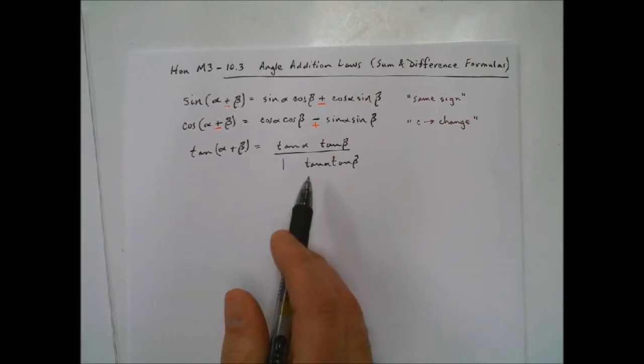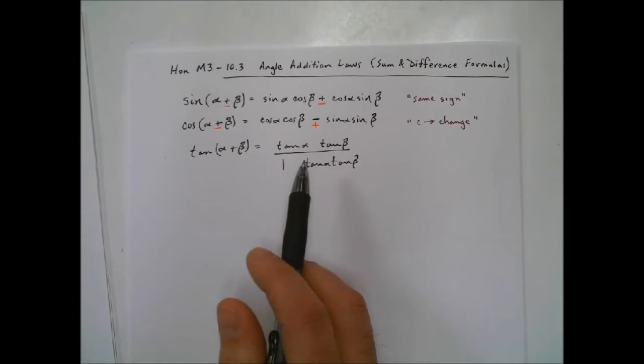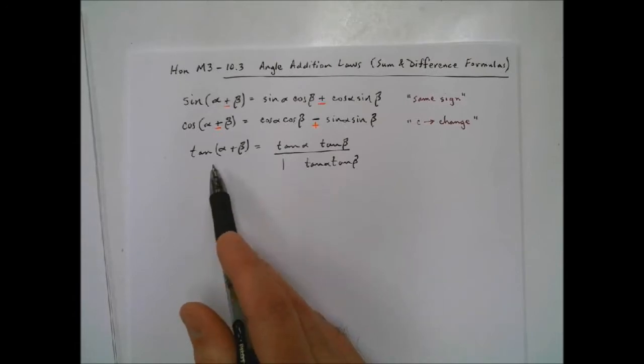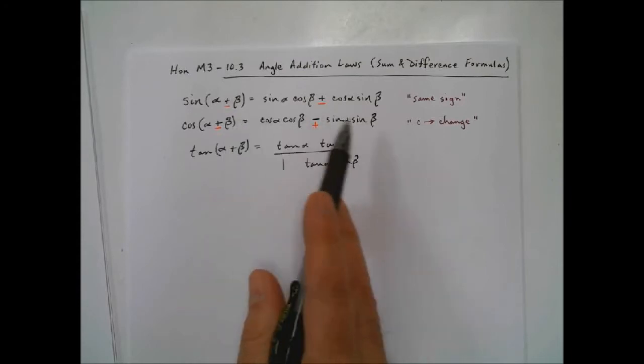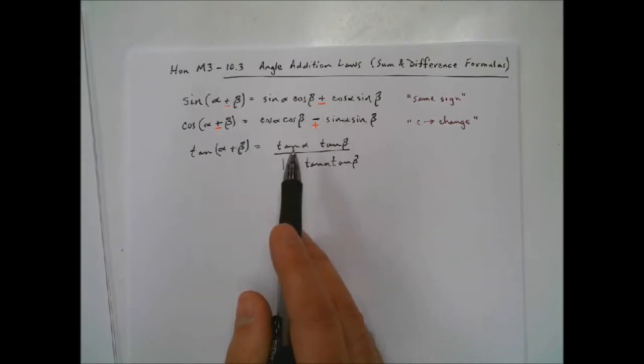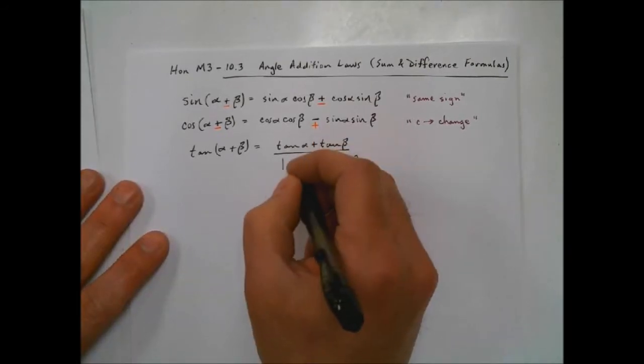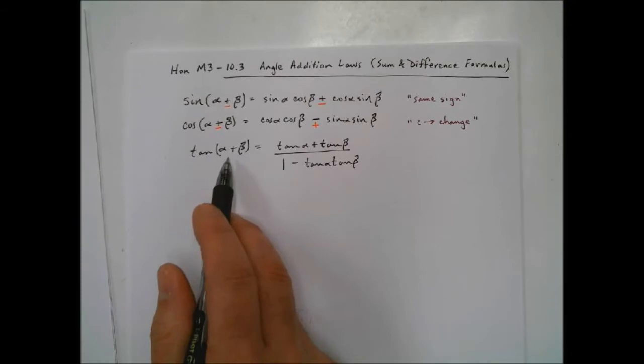Okay, now, like I say, it doesn't roll off the tongue like the other two do. But there is one thing at least that's kind of nice. Now, obviously, we know tangent can be written as sine over cosine. And so looking back on what we did before, sine over cosine, the signs are the same over change.